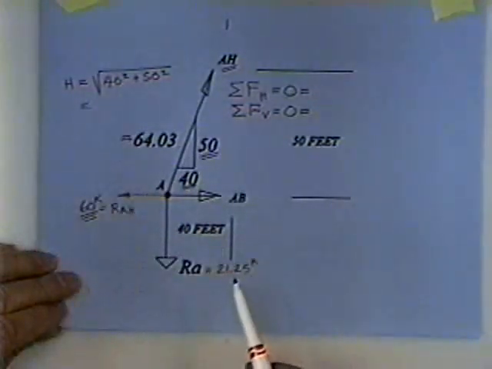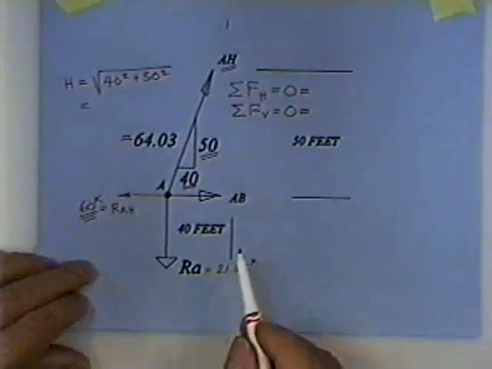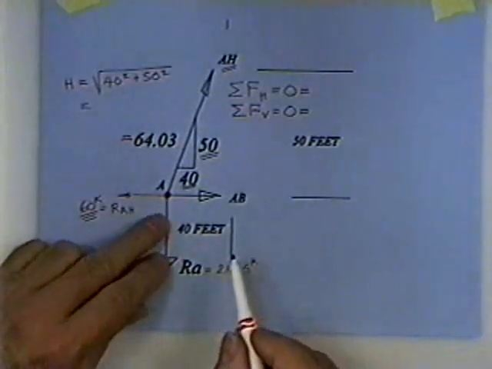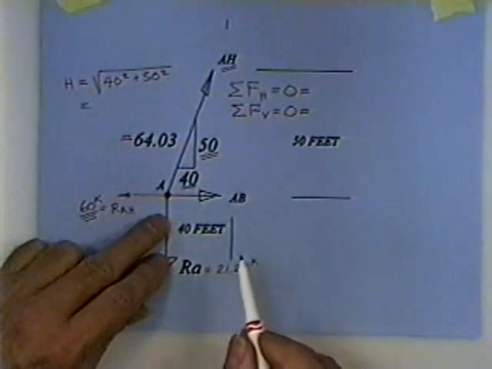You get the hypotenuse. So what that means is you can write down AH's component really fast.